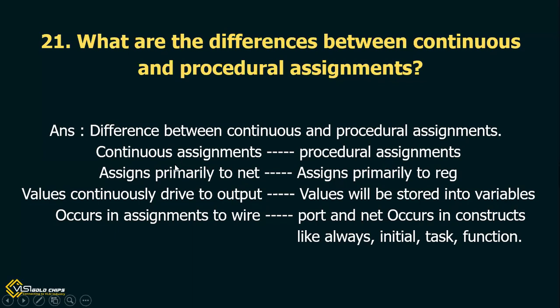Continuous assignment occurs in assignments to wire, whereas procedural assignment occurs in constructs like always, initial, task, function, etc. So these are the differences between continuous and procedural assignment.